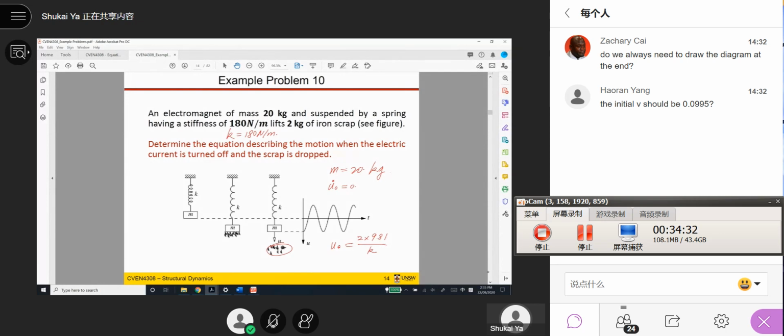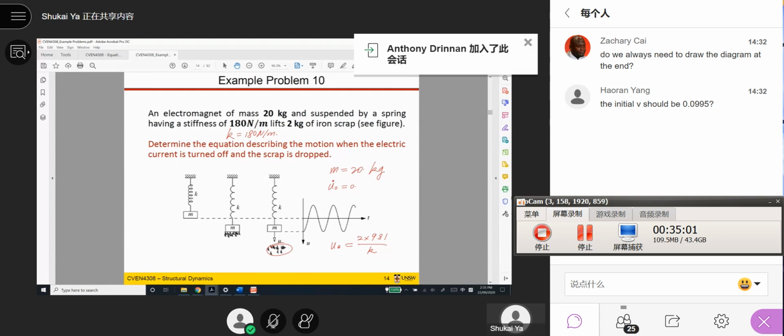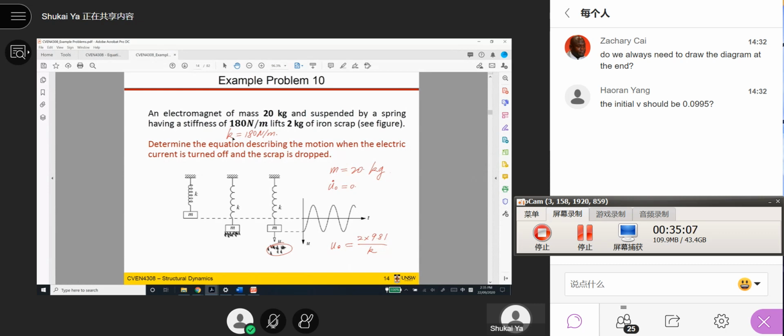It is the displacement caused by the iron scrap, not caused by the entire mass. Is there any confusion about why we use 2 instead of 22? No question? As long as we get k, m, u dot, and u, then we can get the final expression.